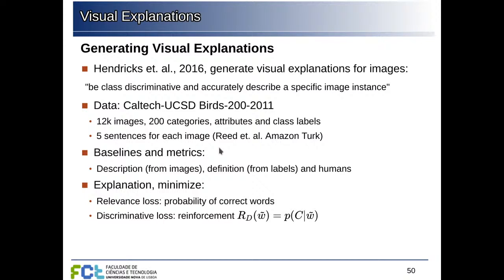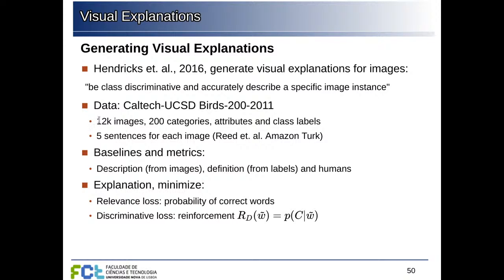And I'm just going to give this example to show you that this is not just about classifying things or just about dealing with images and things like that. You can do lots of interesting things with these deep models by combining different architectures and different problems, solving different problems together. So what these authors did for this paper was to use this Caltech birds dataset.